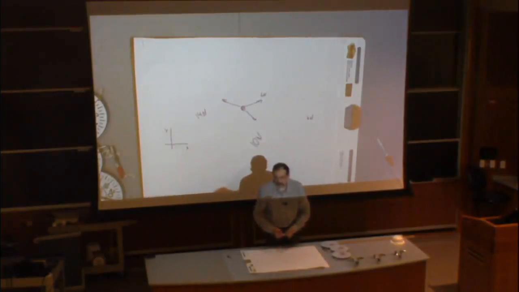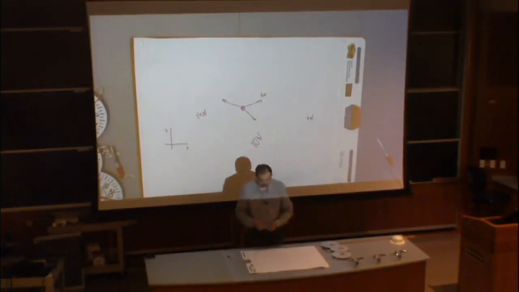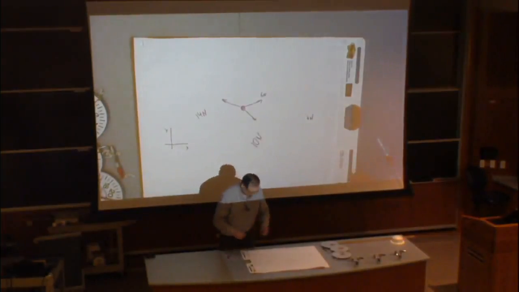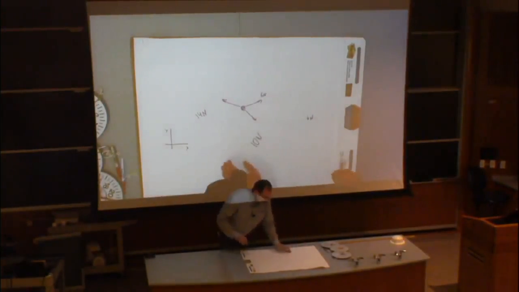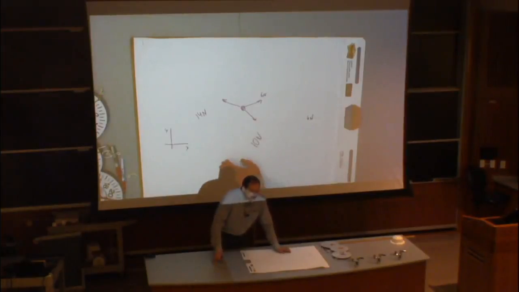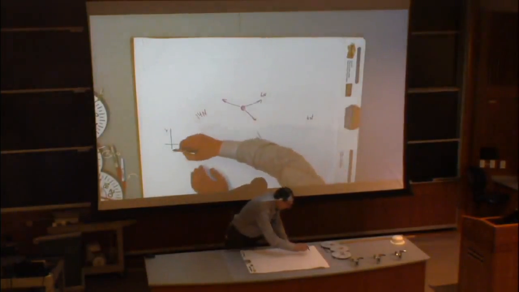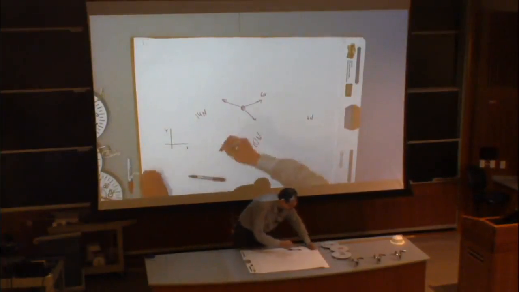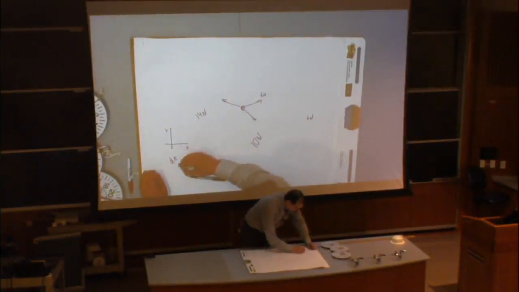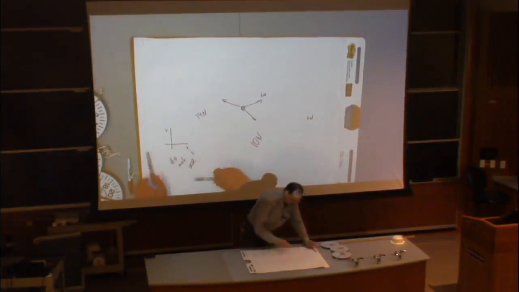The easiest way to make your life simpler is to choose one of the forces as one of the axes. Which one? Doesn't matter, of course. So, for example, instead of using this, you can use this.